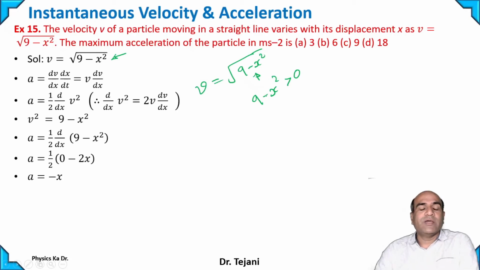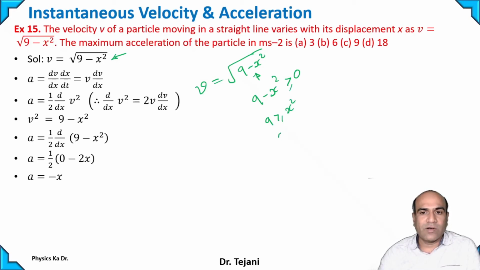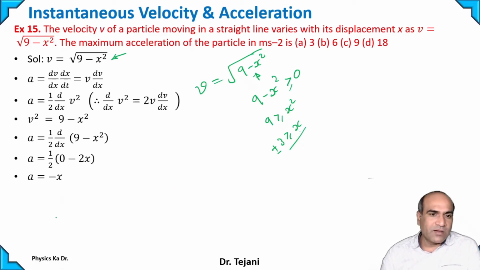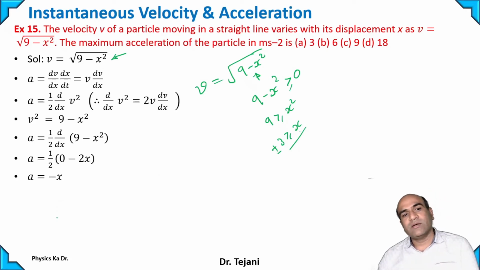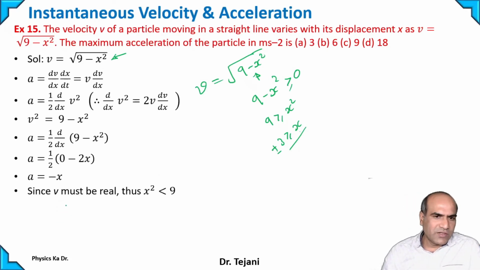That means 9 is greater than or equal to x squared. If I take the root on both sides, 3 is greater than or equal to x, or you can take plus or minus. It should not cross the value of 3, and it should not be less than minus 3.